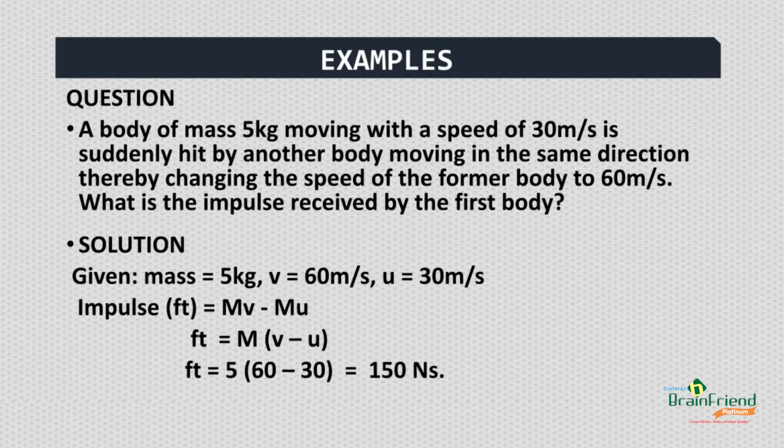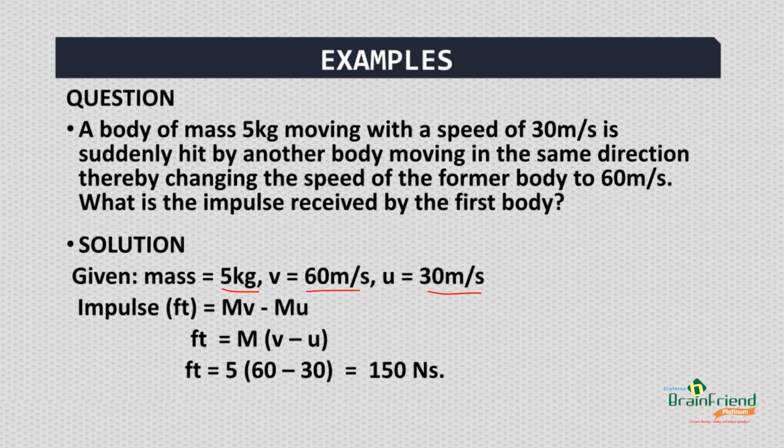Then here is our last example. A body of mass 5 kg moving with a speed of 30 meters per second is suddenly hit by another body moving in the same direction, thereby changing the speed of the former body to 60 meters per second. What is the impulse received by the first body? Solution. We are given a mass of 5 kilograms. Our final velocity is 60 meters per second, and our initial velocity is 30 meters per second.